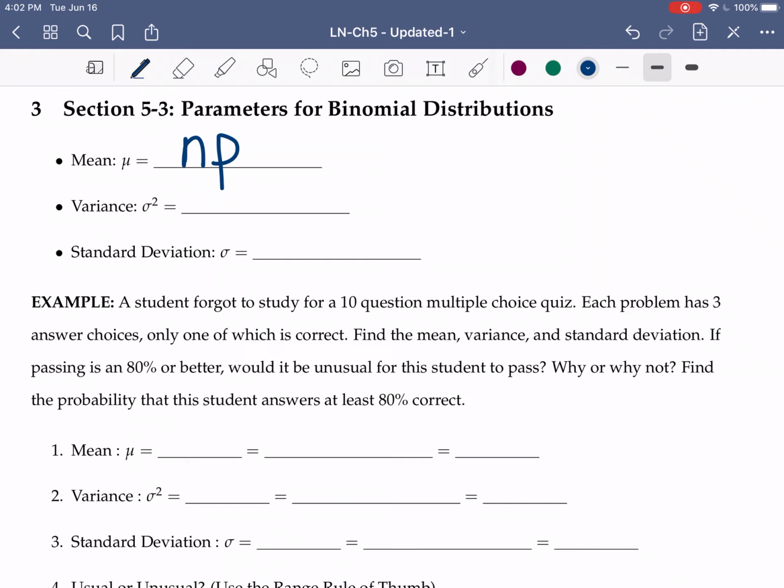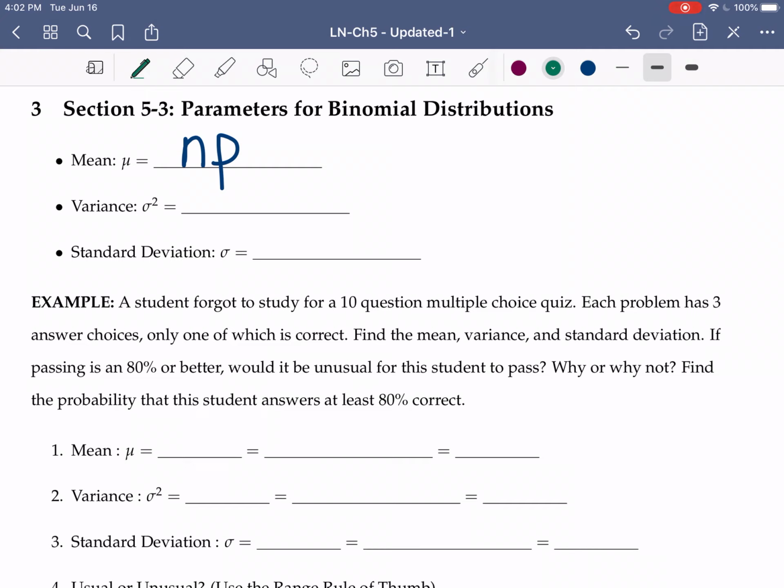If you just blindly guess on all of them, the number that you expect to get correct is 8 times 1/4. So 1 out of 4 you expect to get right, and there are 8 questions, so you would expect to get 2 questions right. That would be your mean.